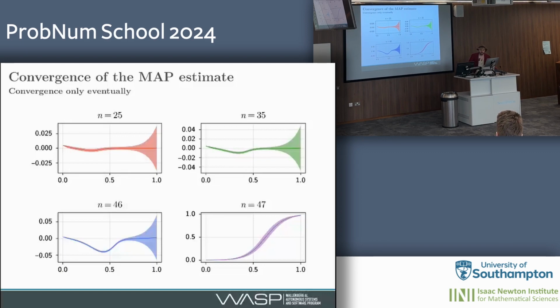I know you can have cases where this sort of filter gives you a very nice estimate of the solution, but once you do smoothing, it just dies down, and that's almost a MAP estimate. So that could happen.